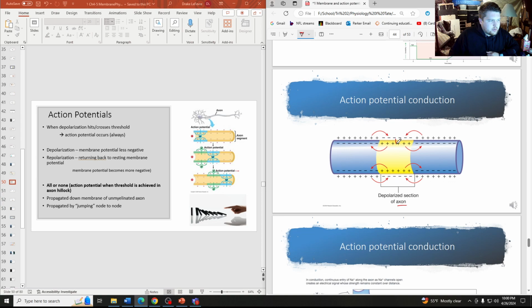Let's say we started right here. We get that stimulus that starts right there, it gets up to threshold, the sodium leaks in, and everything happens. That sodium is going to dissipate sideways, and when it goes sideways, it's going to activate the channels that are next to it.